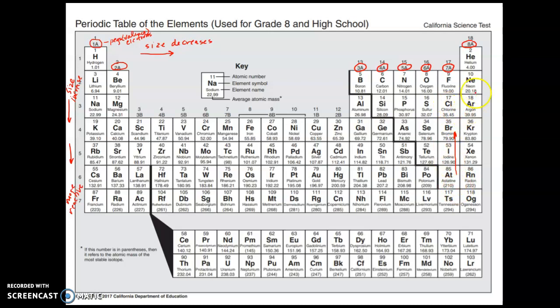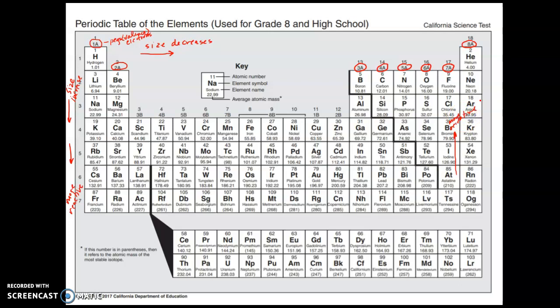On this side right over here, and we're going to ignore these right here, these become more reactive the higher you go up. So it's doing a reverse type of reaction. So more reactive on the top versus the bottom.